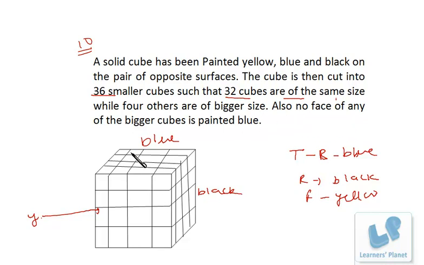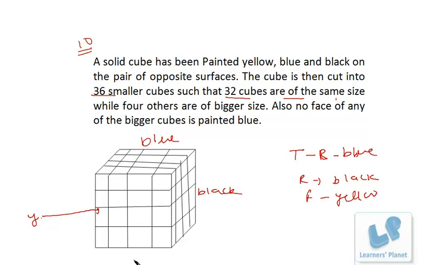That means the bigger cubes must be having the size 2 by 2 by 2, right? Suppose this is one of the cubes, this one. Okay, now we have to take care of one thing over here. None of the bigger cubes, any face of them is blue, right? That means what is the possibility? See, top and bottom, both of them are yellow, right?